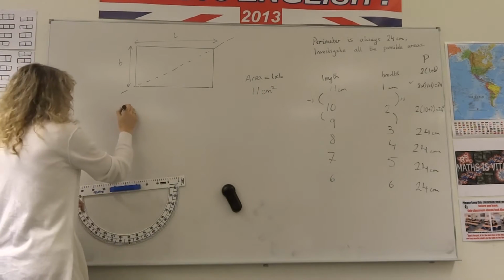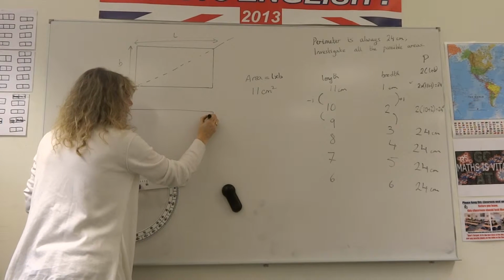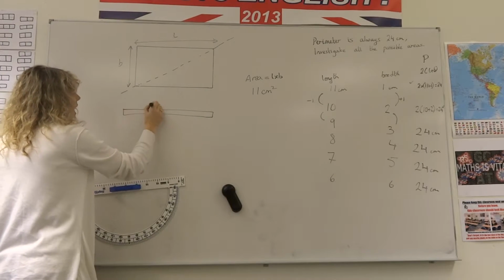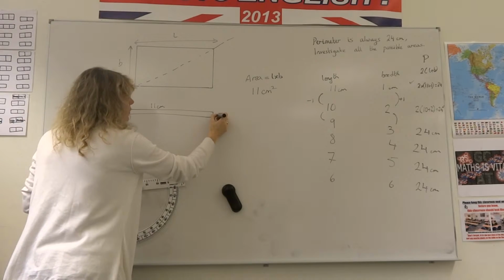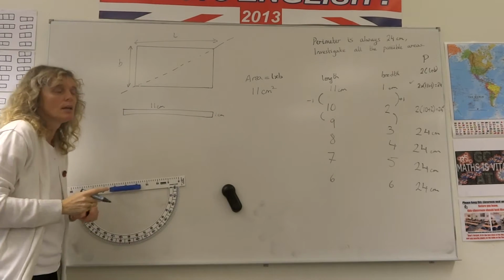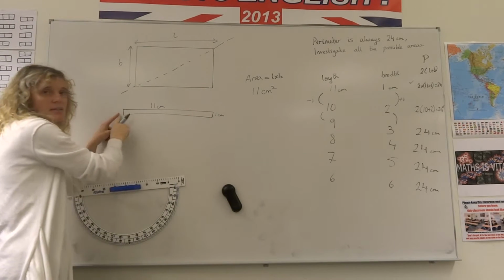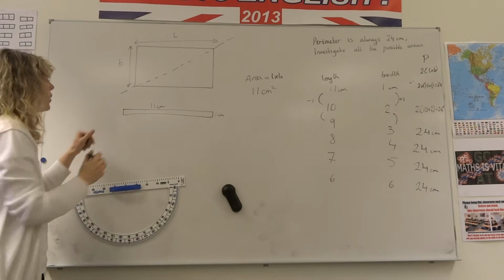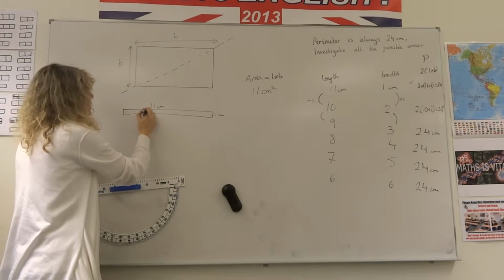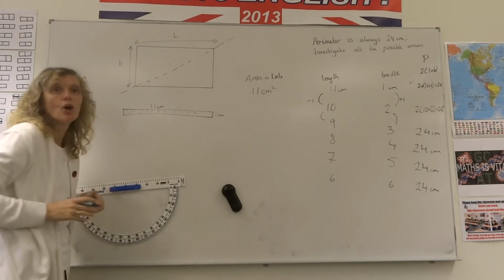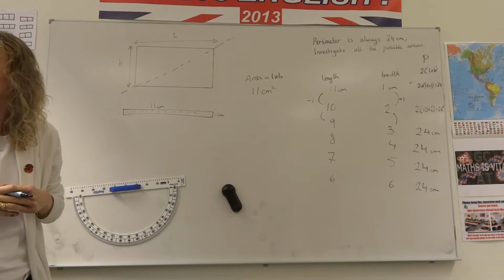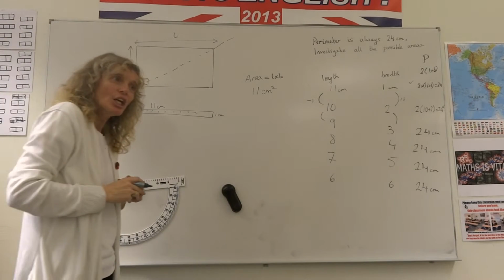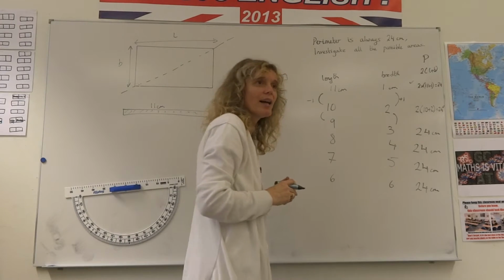Okay, we've got a very long, skinny rectangle. It's 11 centimetres long and it's only 1 centimetre wide. It's going to take a lot of fence to go around there, and we're not going to get very much. If this was metres instead, our horse would not get very much grass to eat, would it? Would be a very skinny horse after a while.